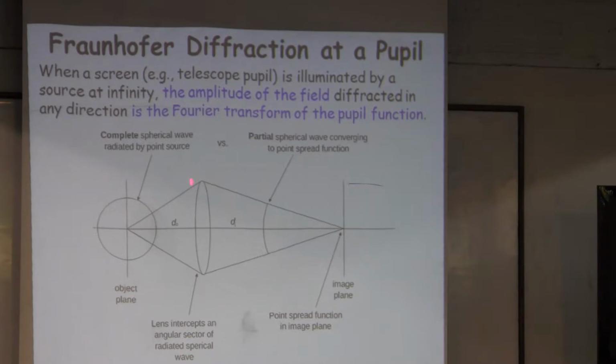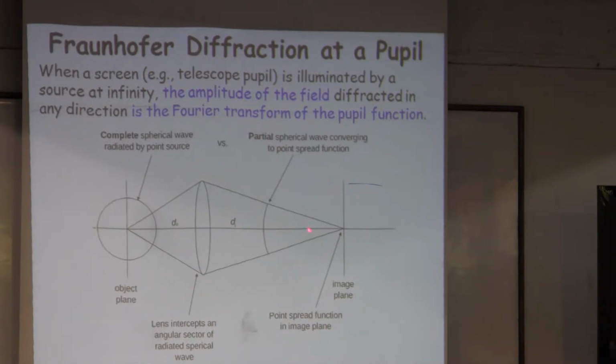And then we focus the light, and the image here, or the point spread function that we see, is simply determined by the shape and the size of this lens.